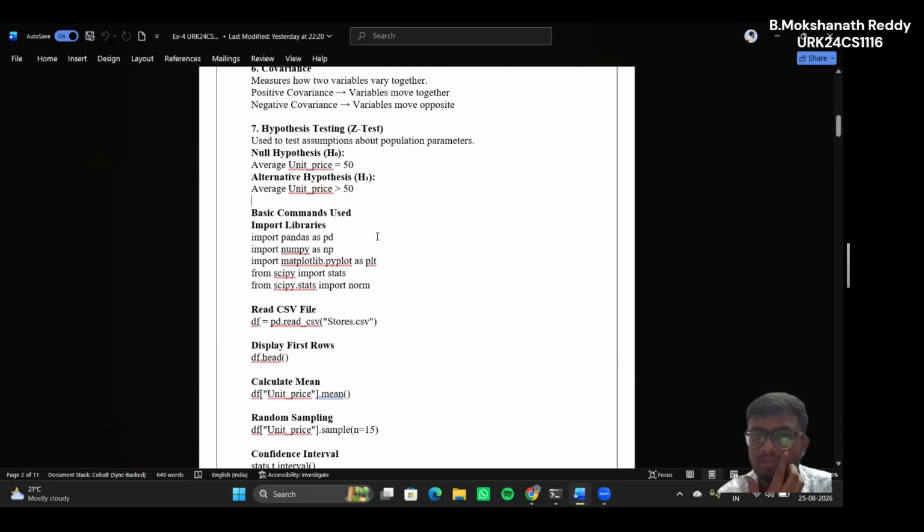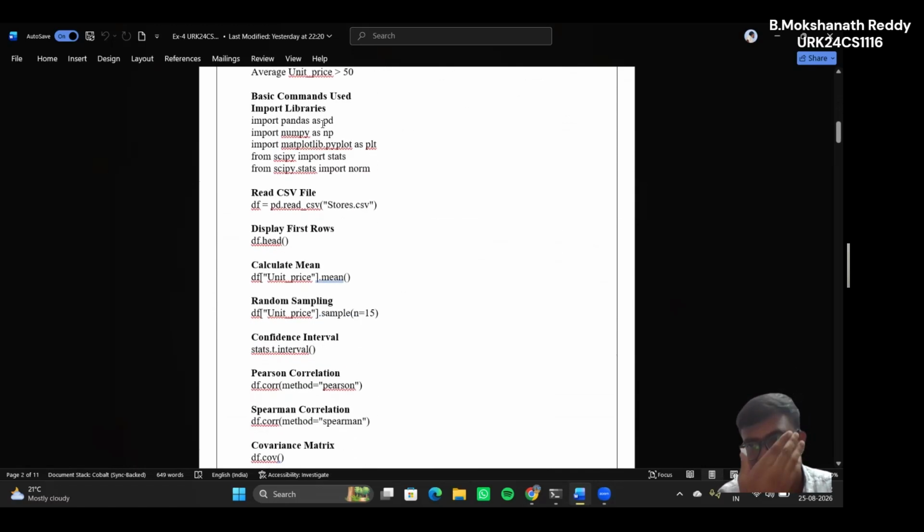The basic commands used in this experiment are importing libraries. We know the basic commands: import pandas as pd and numpy as np. We already know about matplotlib pyplot as plt, and the new thing is scipy, importing stats.